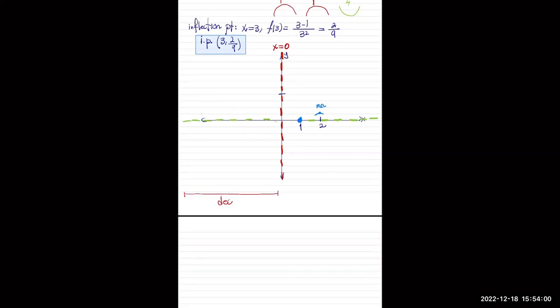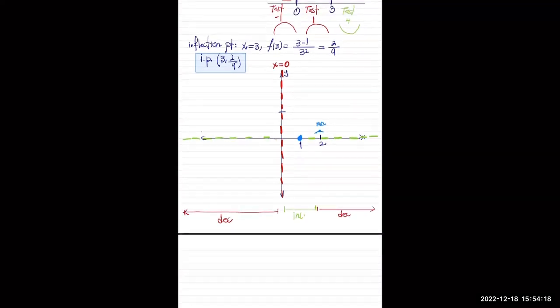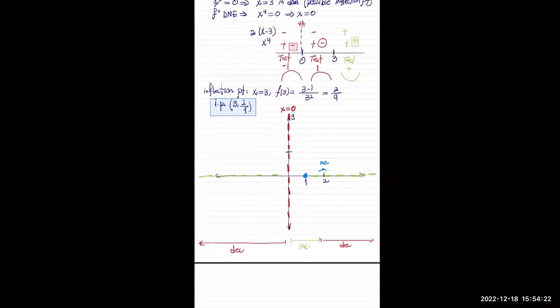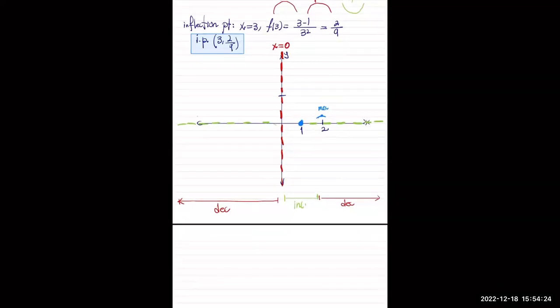We find out that from the asymptote to that local max, it's going to increase. And then from the local max to infinity, it's going to decrease. Okay, so just keep that in mind. We also have our inflection point, which is again happening at 3, 2/9.